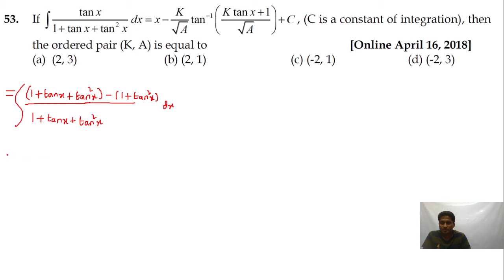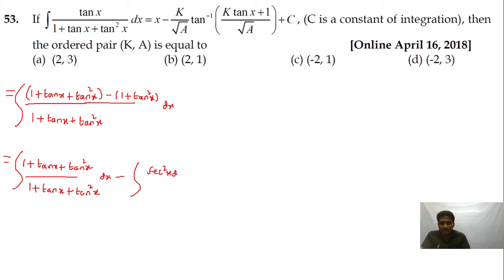Now if I separate them, you get 1 plus tan x plus tan square x upon 1 plus tan x plus tan square x, minus integration of 1 plus tan square x, which is sec square x. So this is sec square x dx divided by 1 plus tan x plus tan square x. Anyways, this will get cancelled. Integration of dx is x.